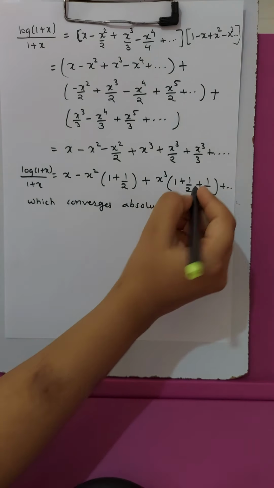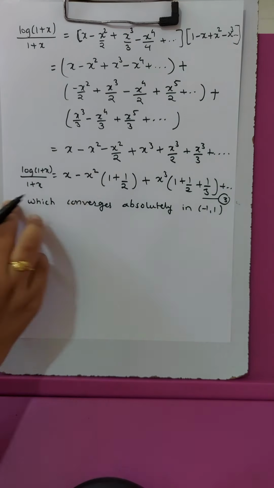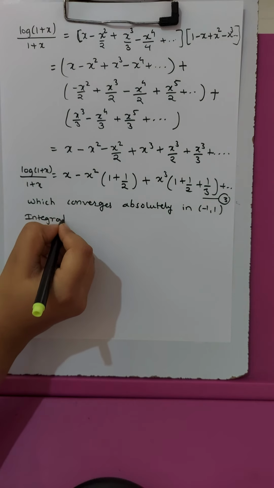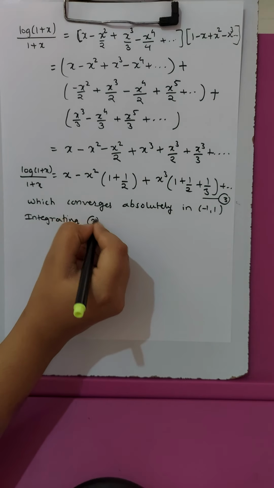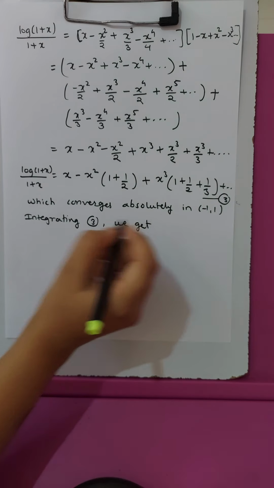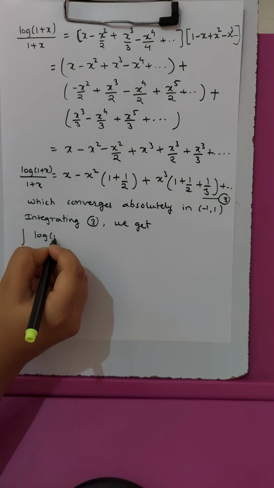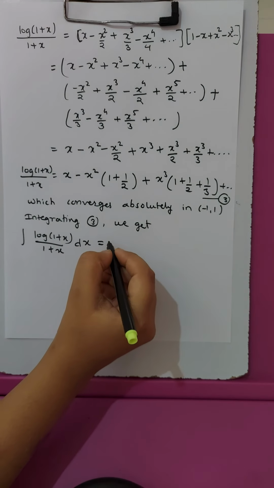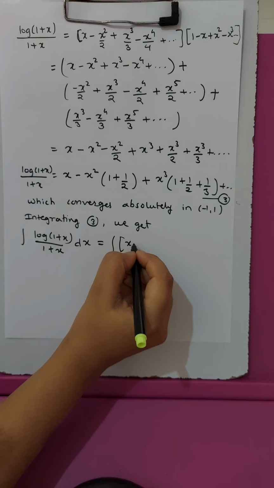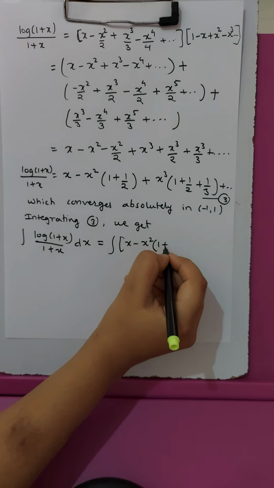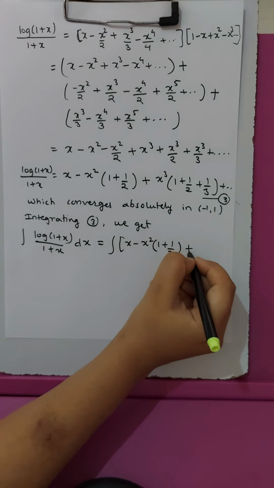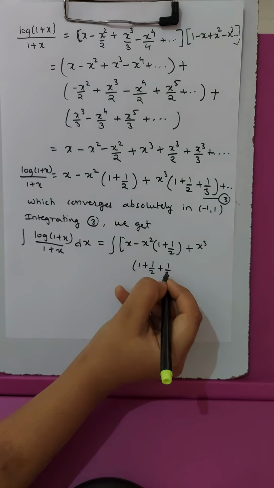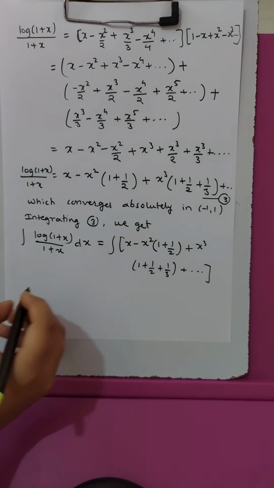Now, calling this number 3, integrating 3 on both sides, we get integration of log of 1 plus x upon 1 plus x dx is equal to integration of x minus x square in bracket 1 plus 1 by 2 plus x cube in bracket 1 plus 1 by 2 plus 1 by 3 plus up to so on.